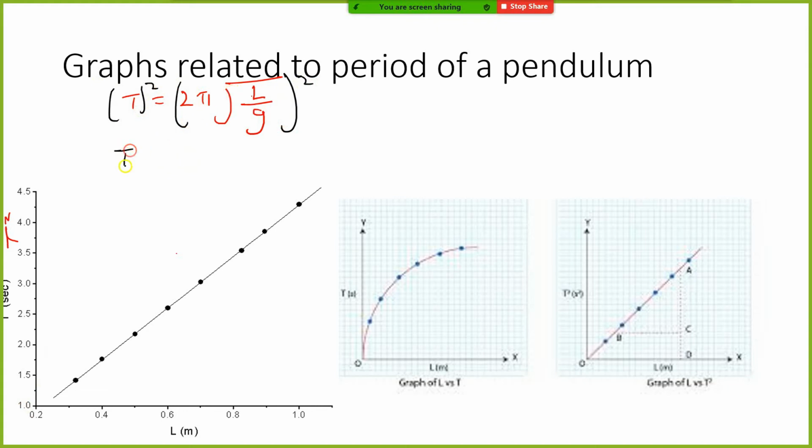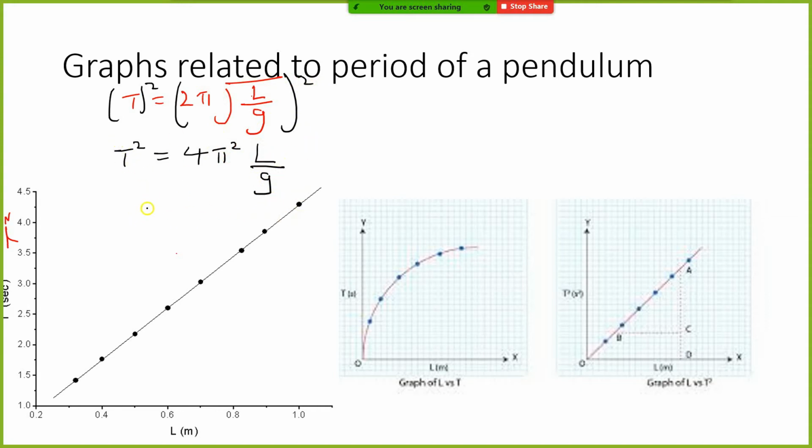So when I do that, I now have t squared is equal to, remember now we're squaring everything, 2 squared is 4, right? And obviously this pi is going to be pi squared. Now the square root is gone because square root and square cancel out. So we're now left with L divided by g. This is our linear equation.